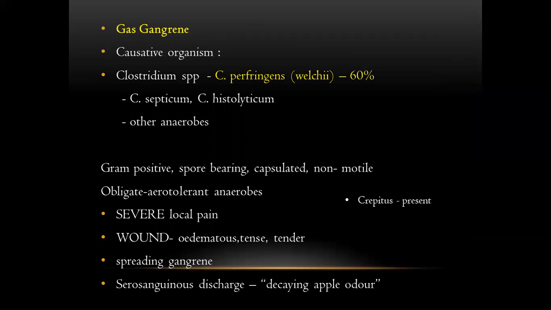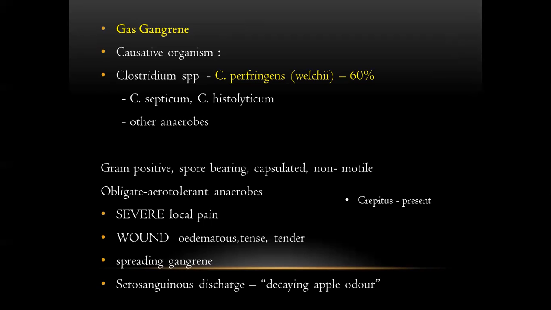The next question was about the causative organism of gas gangrene. They have asked which is the most common causative organism of gas gangrene. The most common causative agent is Clostridium perfringens. The others are Clostridium septicum, Clostridium histolyticum, and other anaerobes.